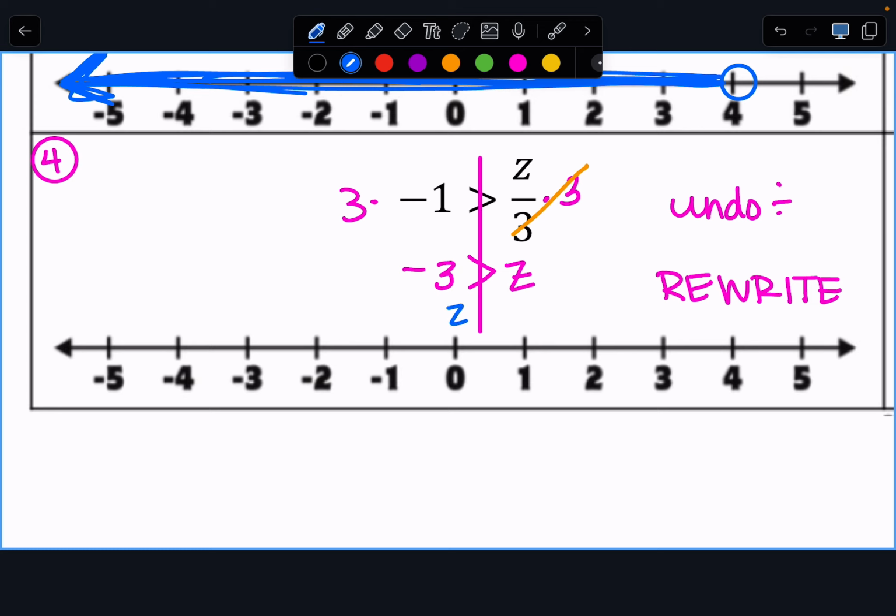So z and negative 3 switch places, and the inequality sign still needs to open towards negative 3, since that is how it was in the step before. At negative 3, we have an open circle. Do I color it in? No, because there's no equal. And we're less than, so we color the numbers that are smaller.